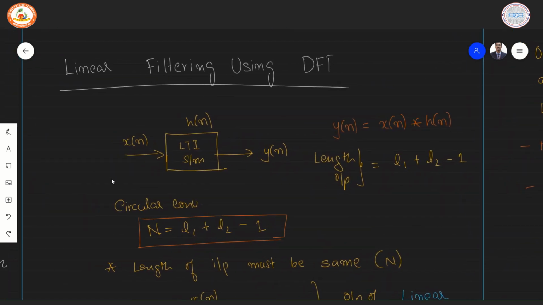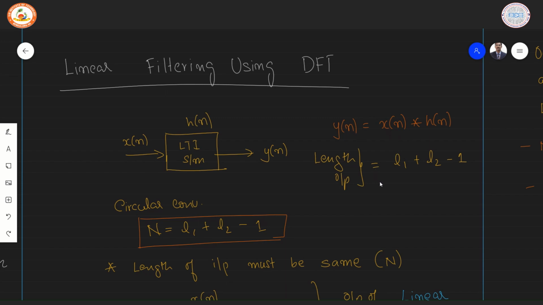Let us discuss about linear filtering using the DFT method. The problem statement is that we are having an LTI system whose impulse response is h of n. Now to this system, when you feed an input called as x of n, the output of y of n is given via linear convolution between x of n and h of n.